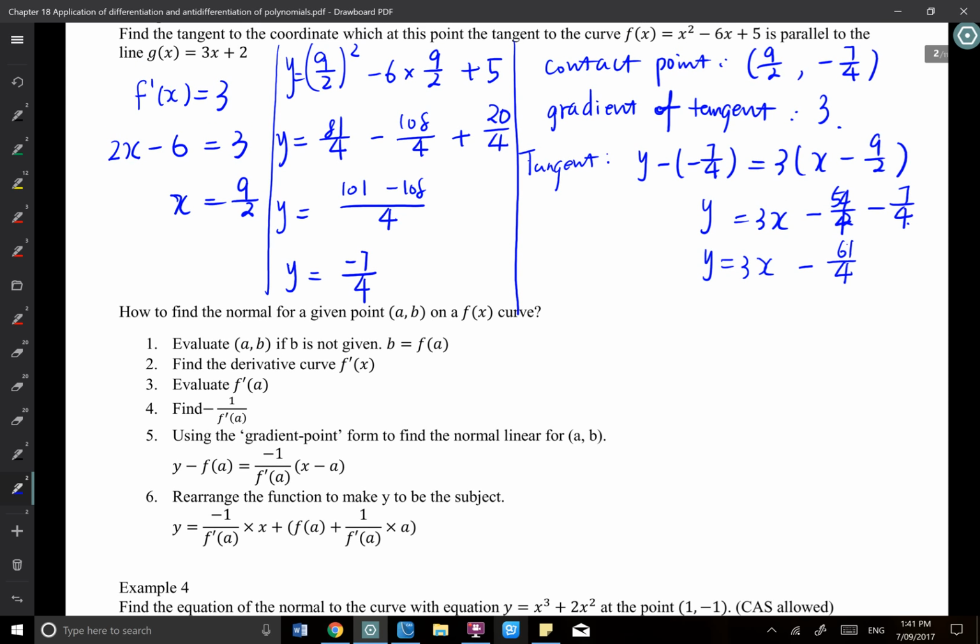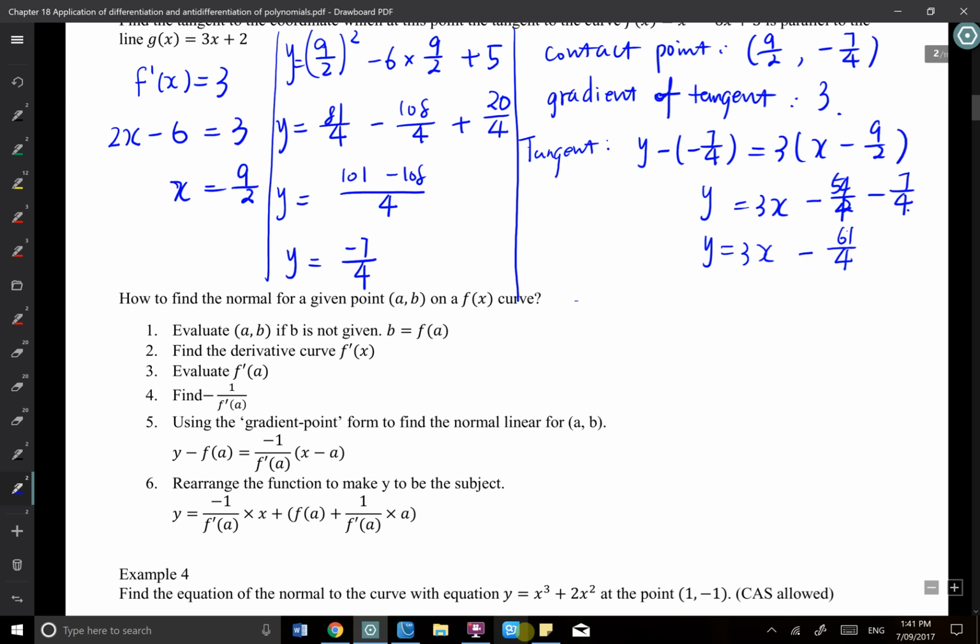How do you find the normal? What's the gradient of the normal?